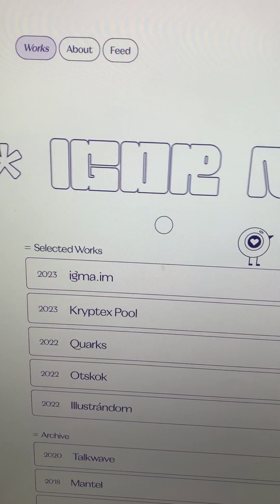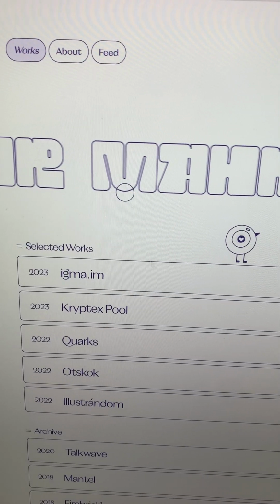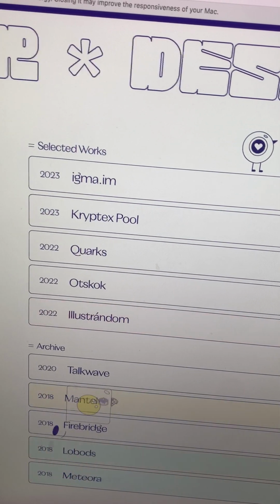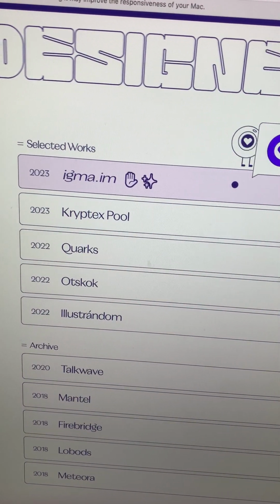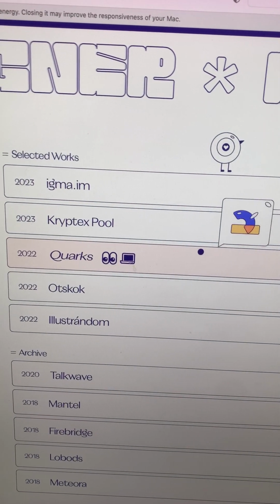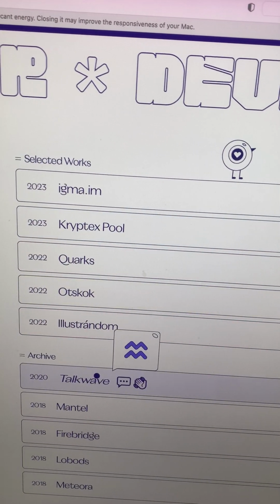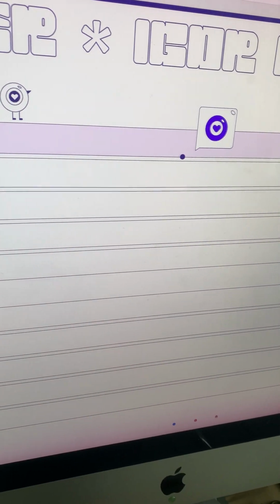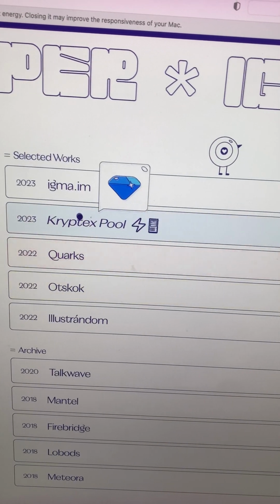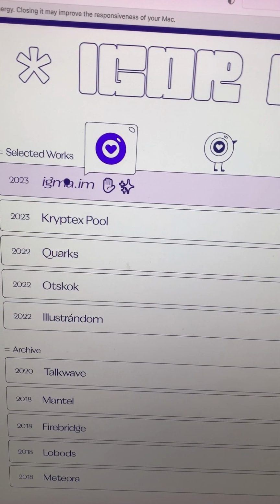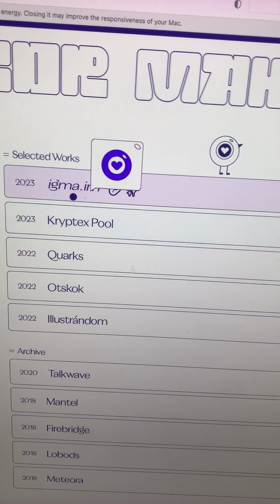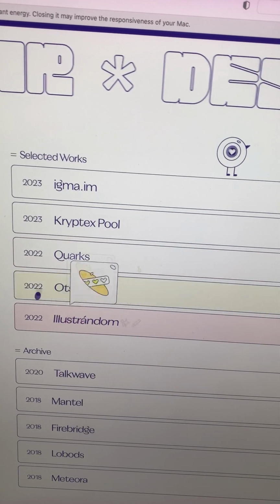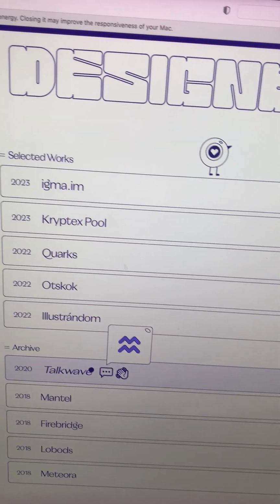This is a portfolio from Igor. This is a portfolio that showcases his work since 2018 to 2023, and I think this timeline is good, but I think there's a missing opportunity of showcasing the work itself, the projects or case studies themselves for each project.